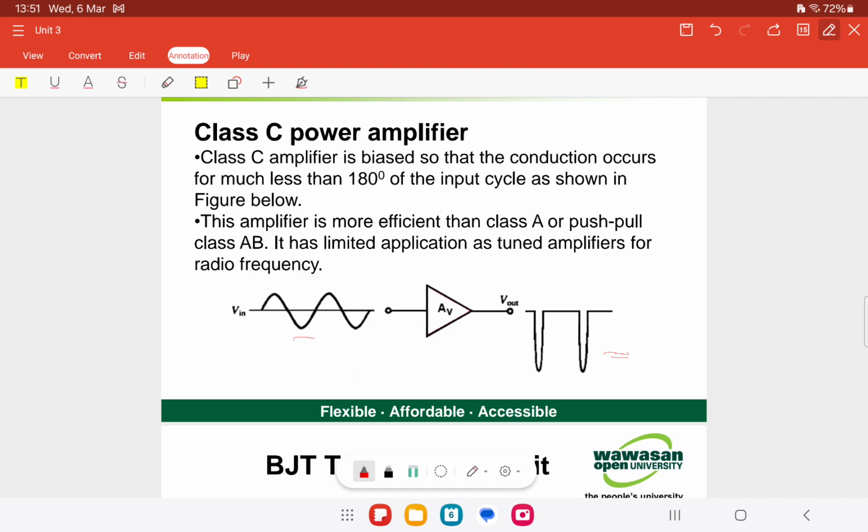Also in oscillator constructions, due to the ability to provide high gain at a specific frequency.